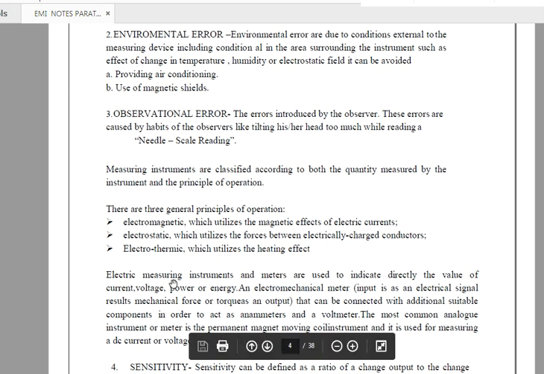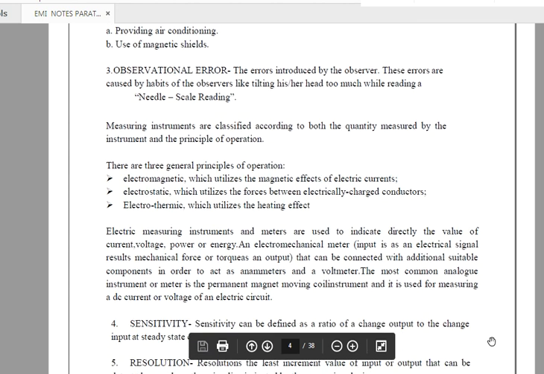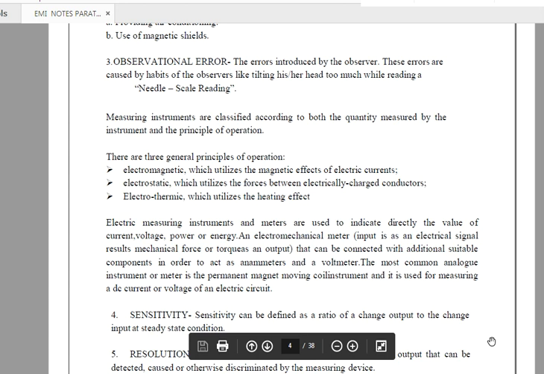Electric measuring instruments and meters are used to indicate directly the value of current, voltage, power or energy, or other factors. An electromechanical meter can be connected with additional suitable components in order to act as an ammeter or voltmeter.